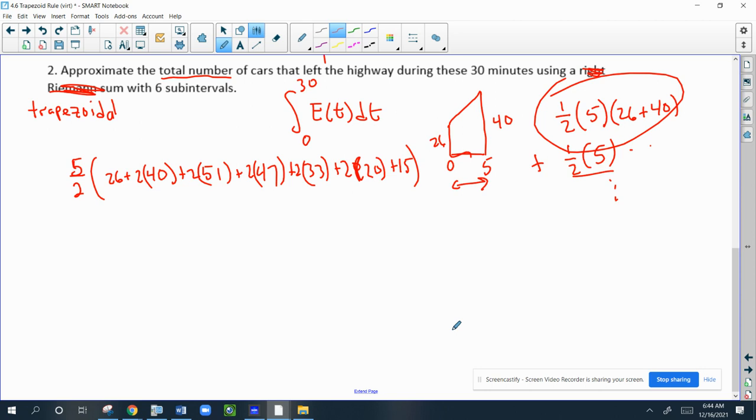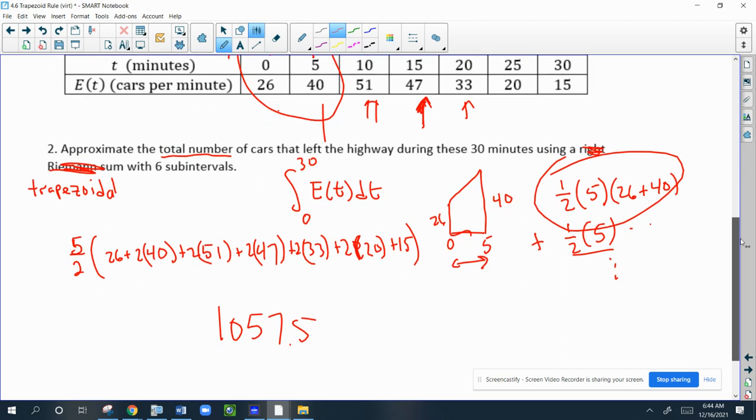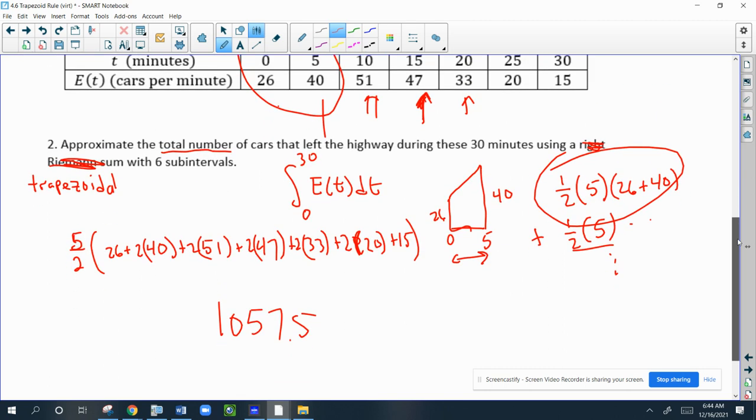So no guarantees here, but I am getting 1,057.5. And that's the number of cars that exited the highway during these 30 minutes. And that's it.